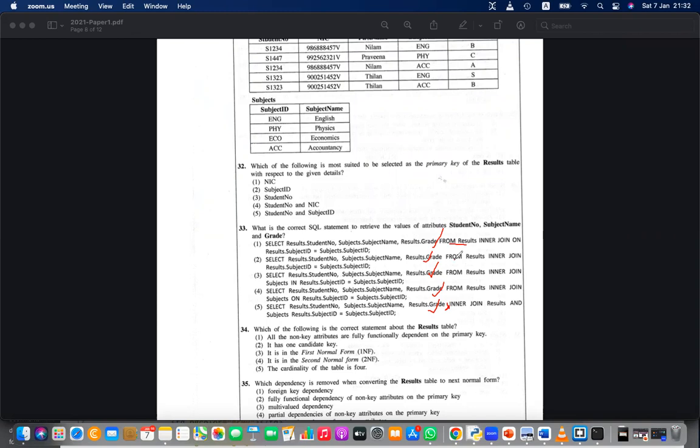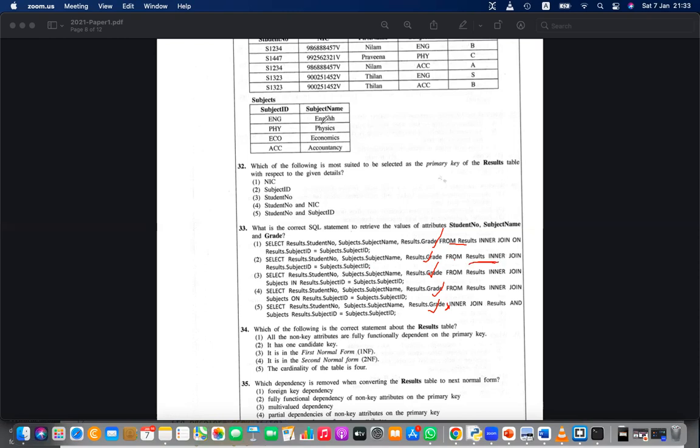From results inner join. Inner join, then you have to give the relationship. But what is the other table?